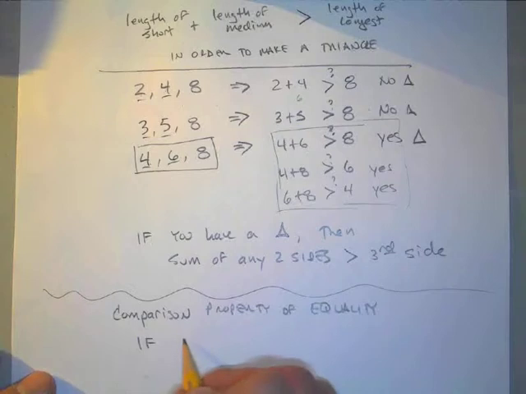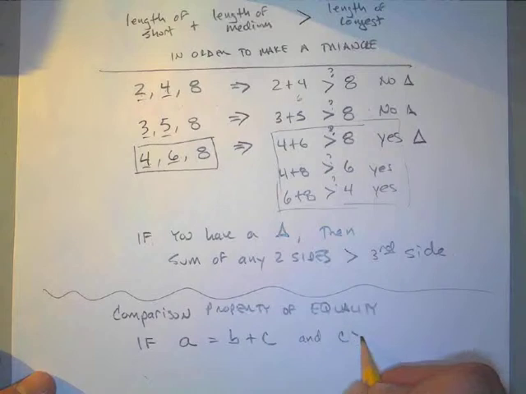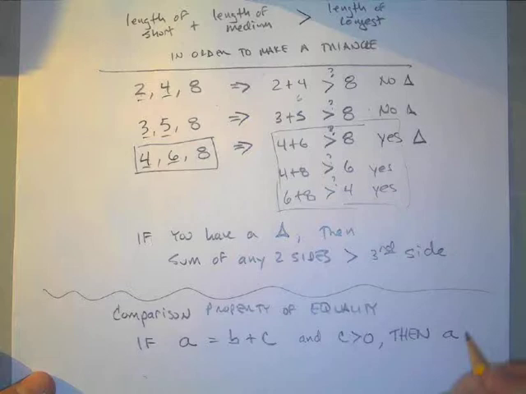If you have A equal to B plus C, and C is greater than 0, well, that's the hypothesis. Here's the conclusion. Then A is bigger than B.